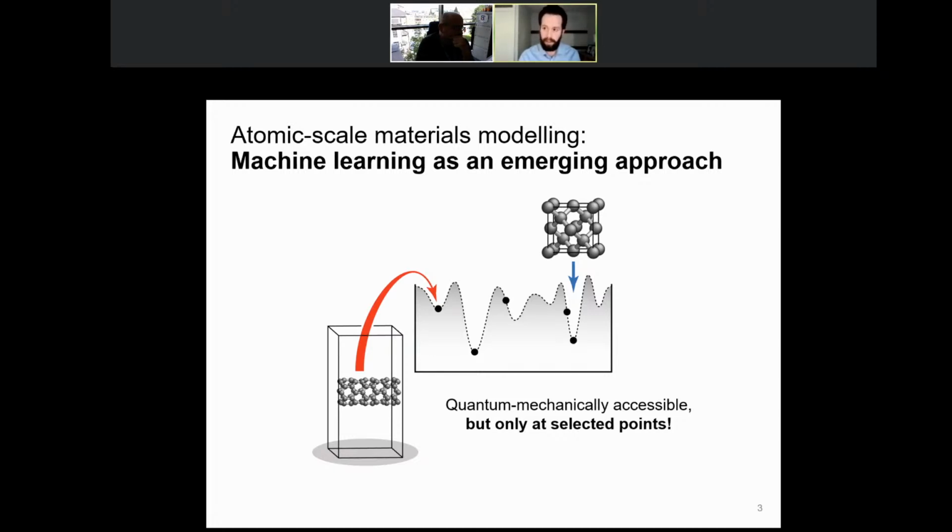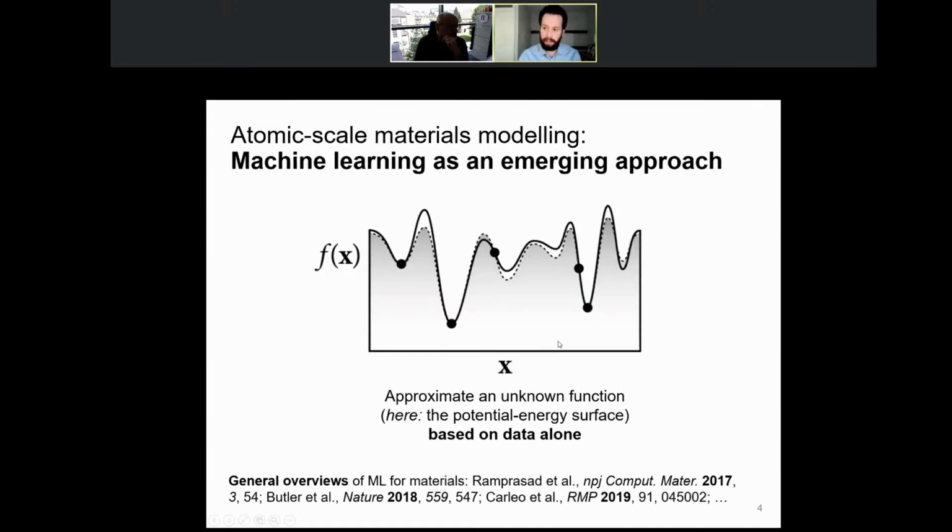Now, an approach that has come up really over the last 10 years, give or take, is the thought to use a very initially non-chemical approach, and to think of this potential energy surface as just a very high dimensional function that I want to accurately fit. And the key in machine learning is that I'm doing this fit without any physical knowledge about how the potential energy surface really looks.